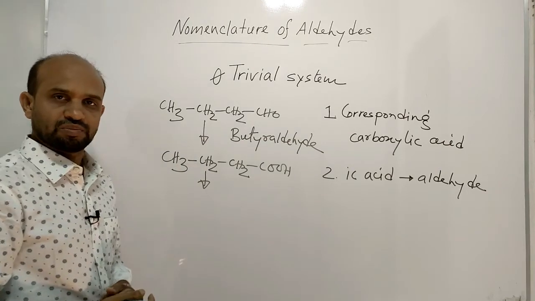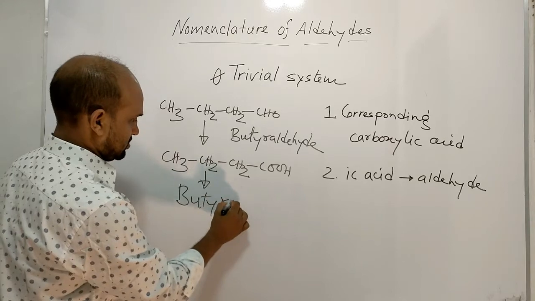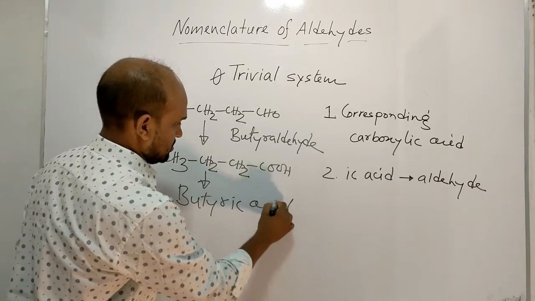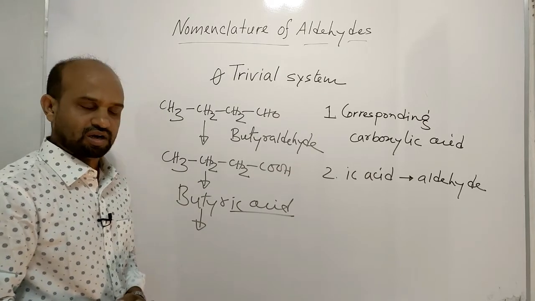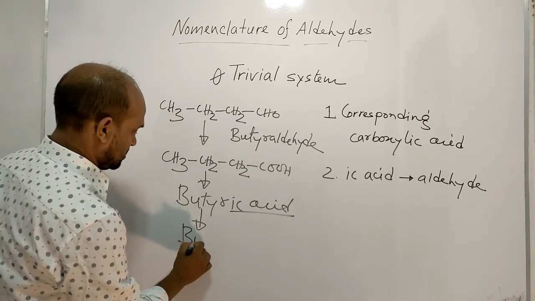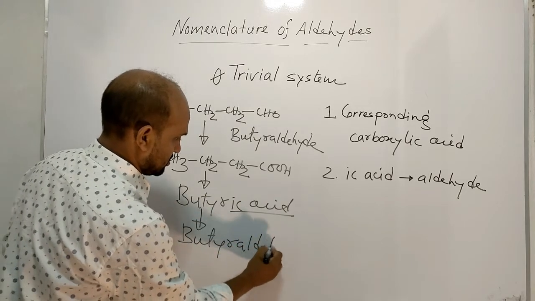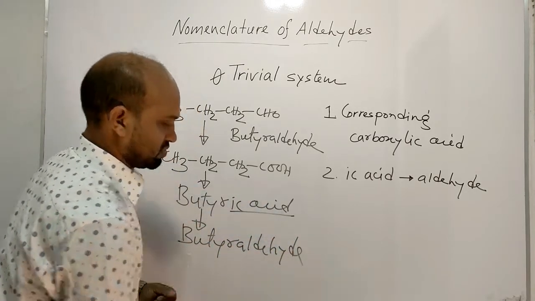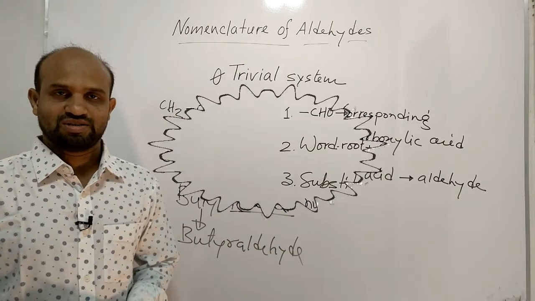It is butyric acid. Now this acid is replaced by aldehyde. Then we will get butyraldehyde. Let's move on to the next point.